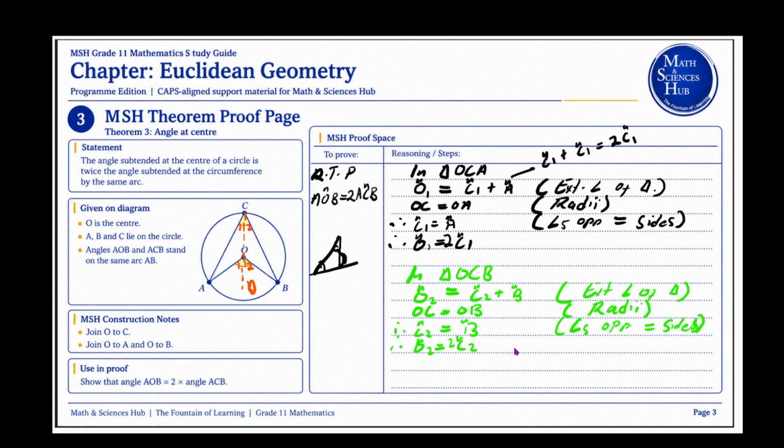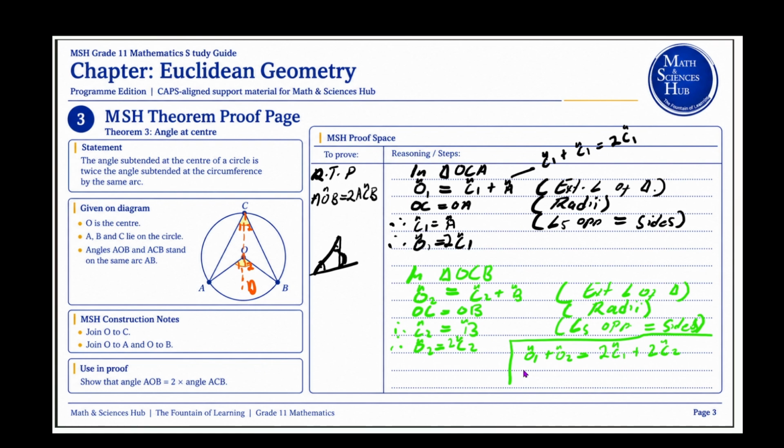From that we can see something we can use. The whole angle, angle O1 plus angle O2, equals twice angle C1 plus twice angle C2. But what is angle O1 plus angle O2? Is that angle AOB? Is that the one we are required to prove?